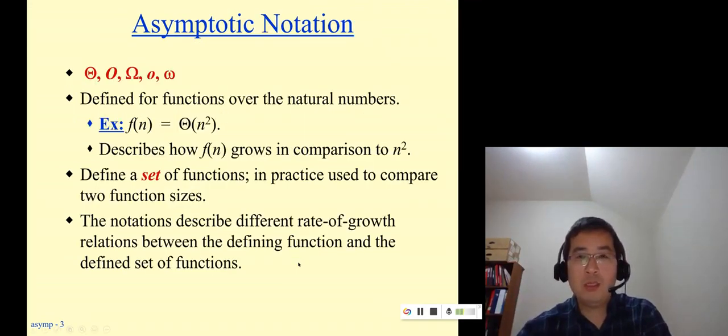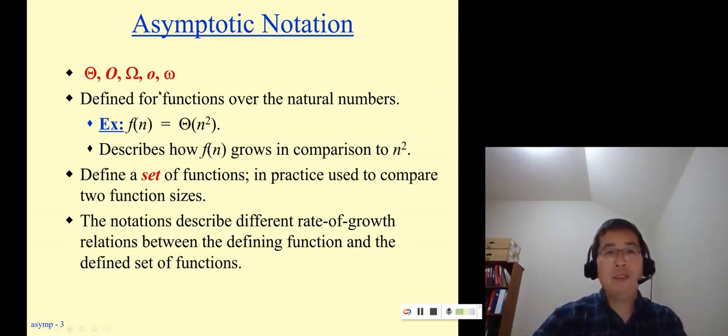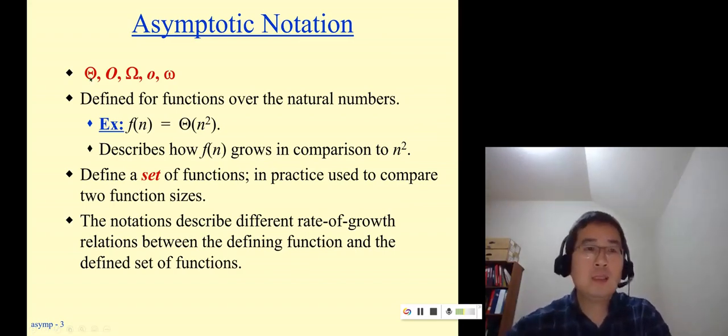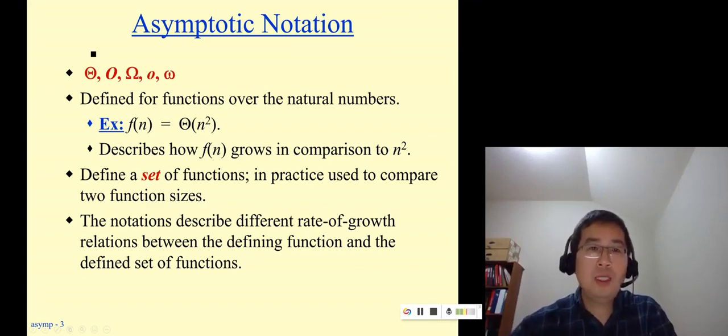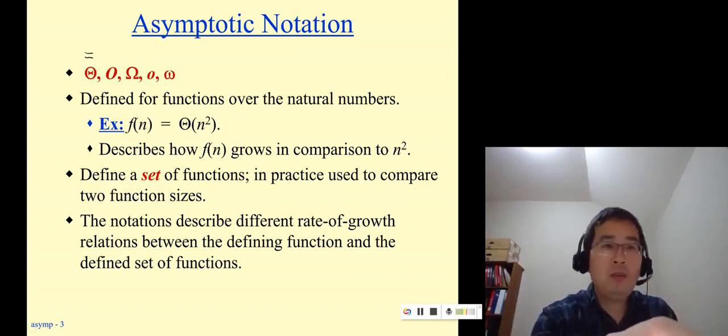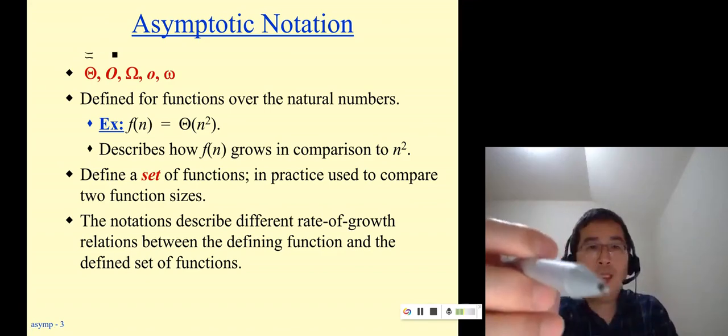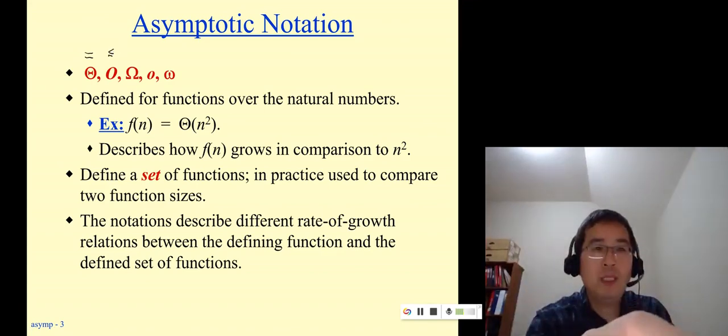We have 5 asymptotic notations. Theta is the tight bound, both lower bound and upper bound, so it's tight. Big O is the upper bound, tight or not tight. This one is comparable, equal. This one is less or equal to.